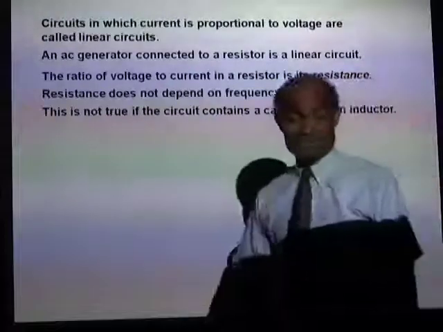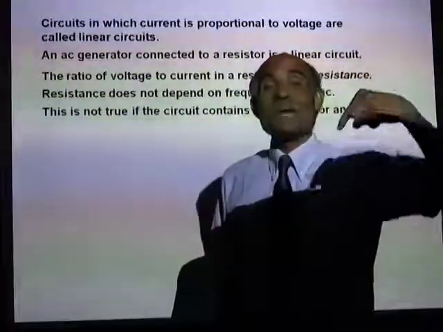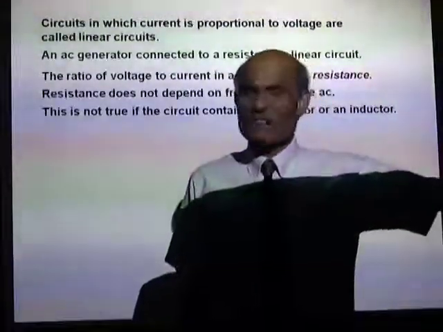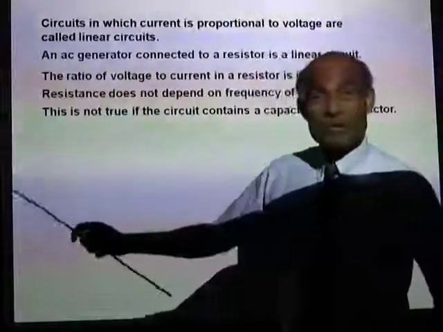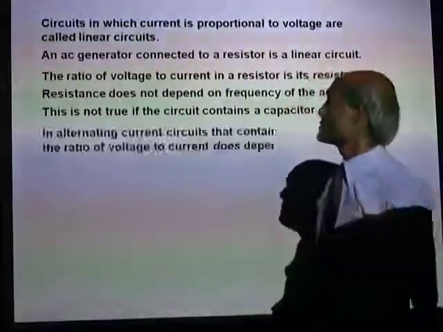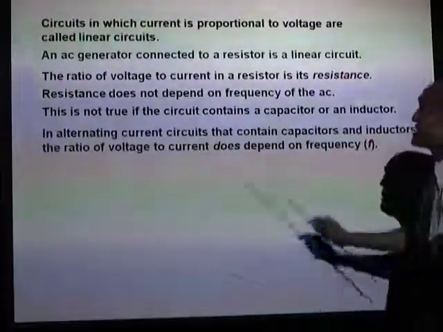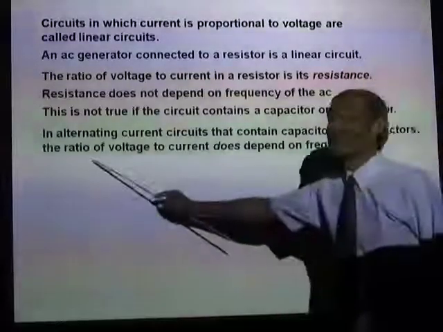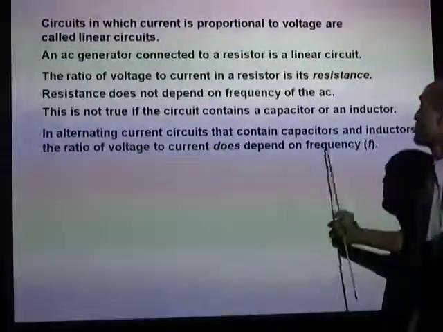Now, but this is not true when you consider AC that passes through a capacitor or an inductor. What is an inductor? We talked about it in the last class. Well, we will be looking at that in detail in this lesson. Now, in alternating current circuits that contain capacitors and inductors, the ratio of voltage to current does depend on the frequency.